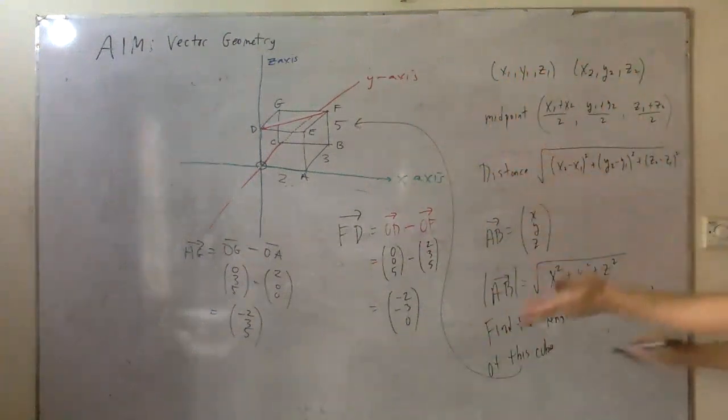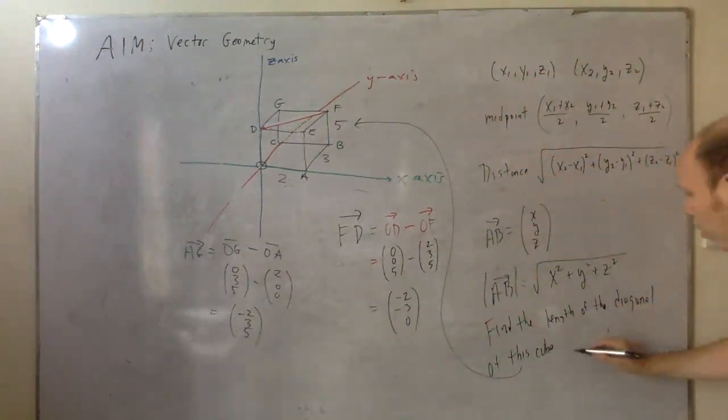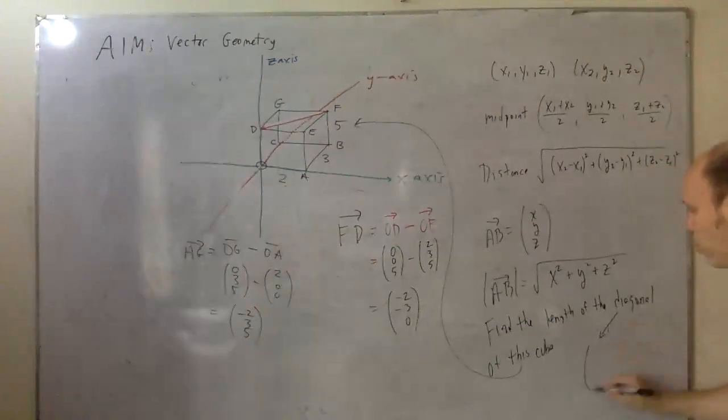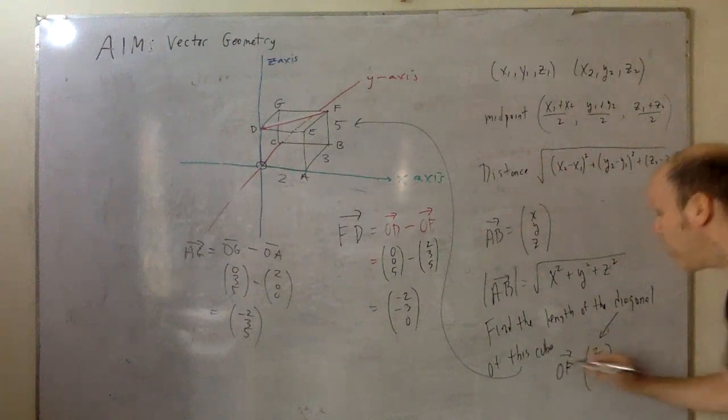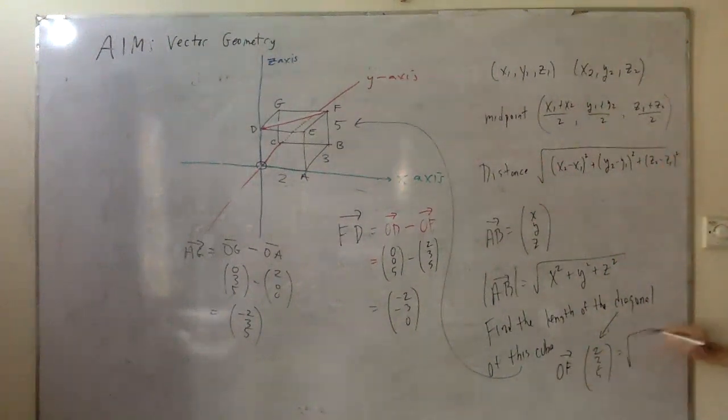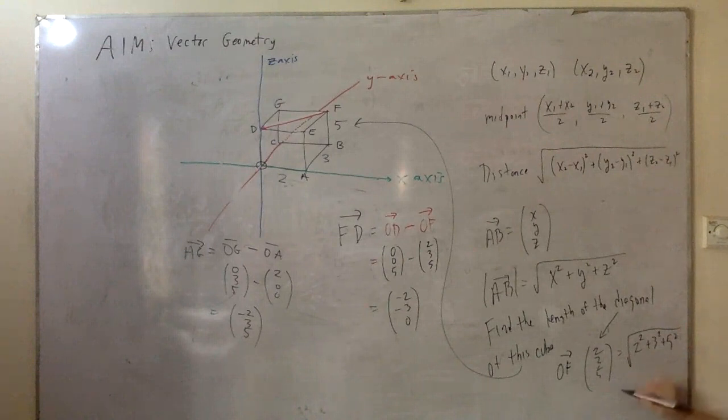Well, the diagonal has a vector of 2, 3, 5, because the diagonal is OF. So therefore, it's the square root of 2 squared plus 3 squared plus 5 squared. Final answer, the square root of 13 plus 25, 39. No, 38, sorry.